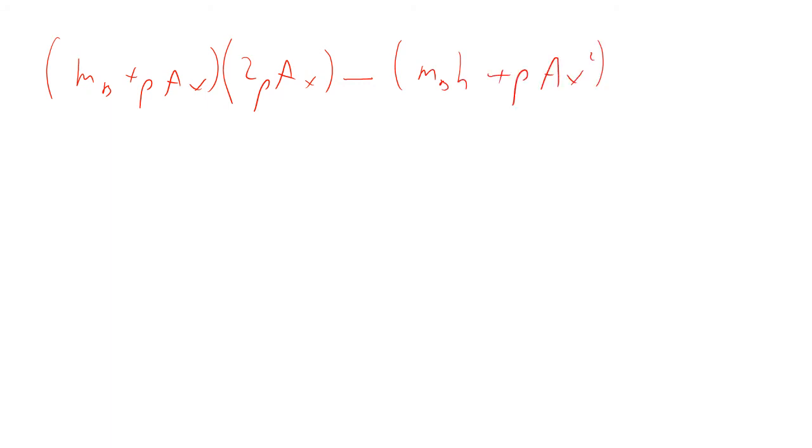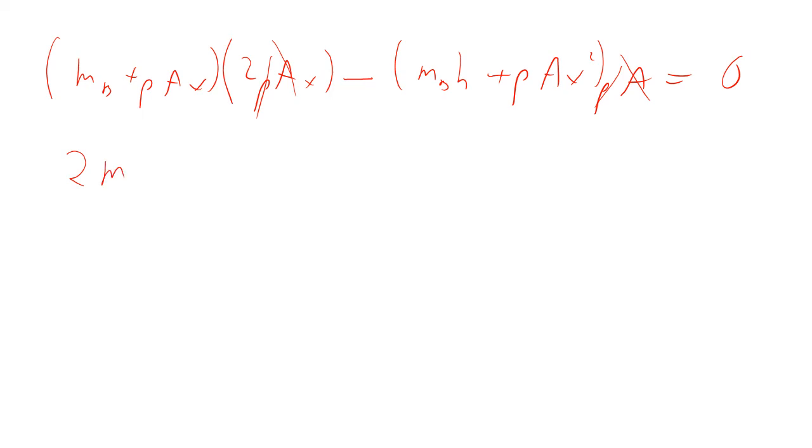So we could make that a little bit easier and just say that (m_b plus rho a x) times 2 rho a x minus (m_b h plus rho a x squared) times rho a equals 0. All it has to be is the numerator 0. We can divide through by the rhos, divide through by the a's, and multiply through that 2x over here.